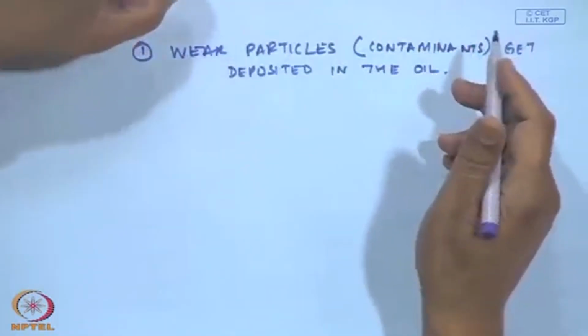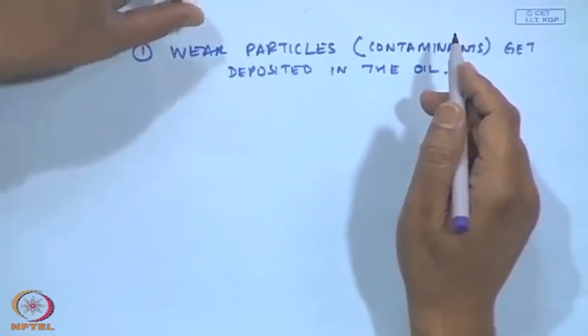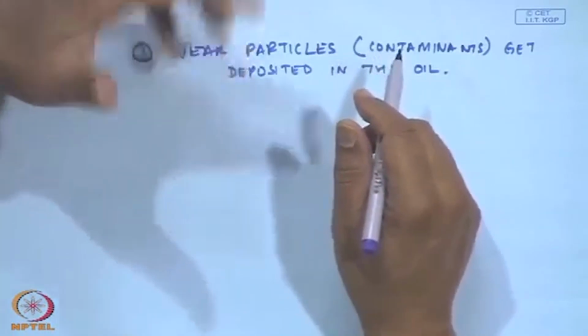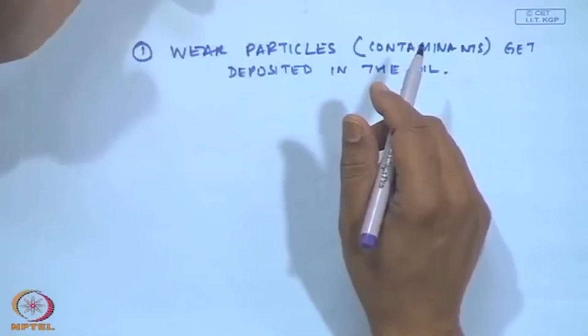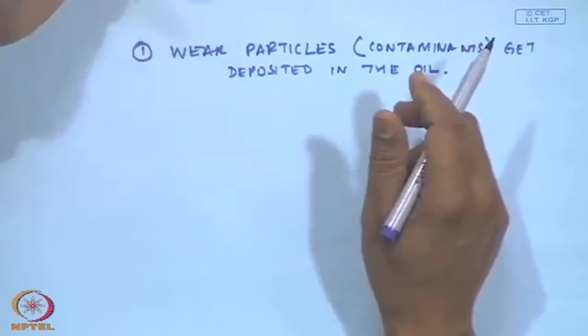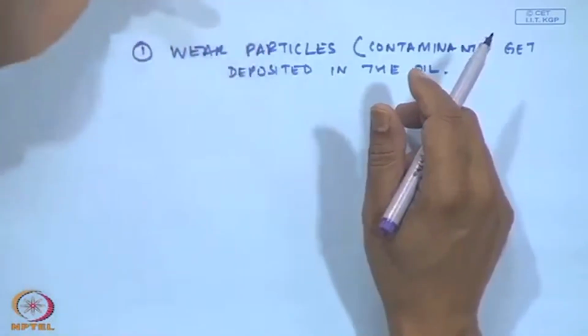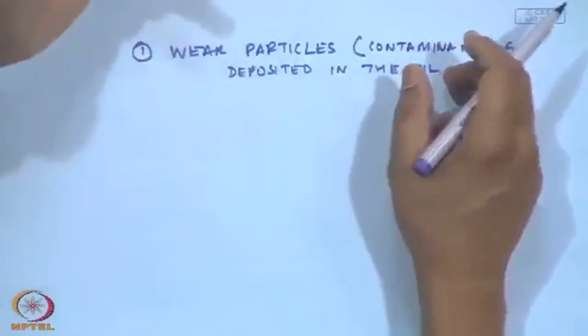Now, understanding where these wear particles came off from, we can know whether the parent material was maybe poorly designed, was of a softer material, did not have proper heat treatment, was not lubricated, or was subjected to higher temperature.